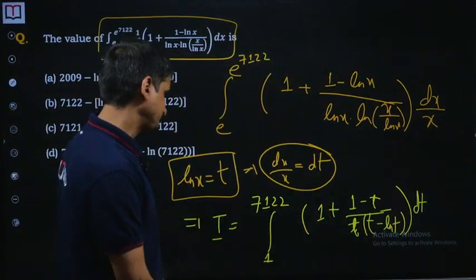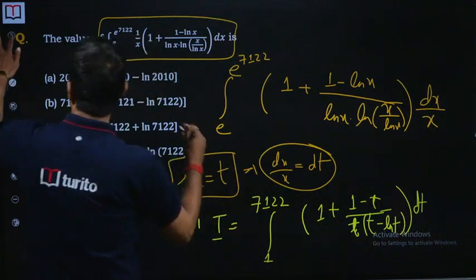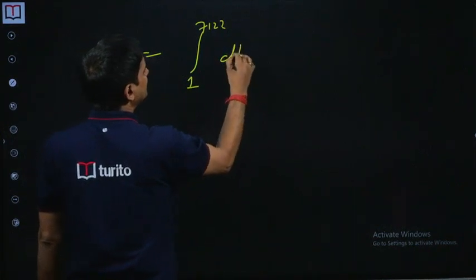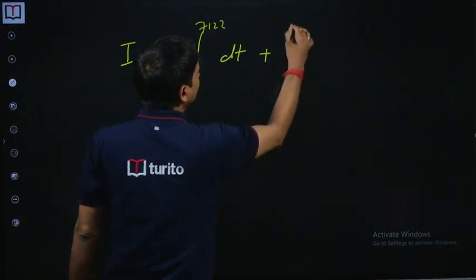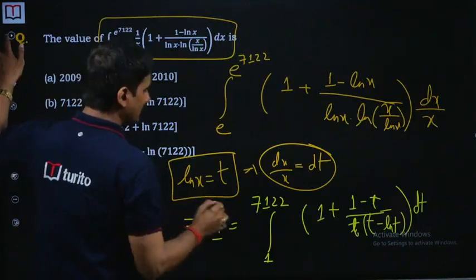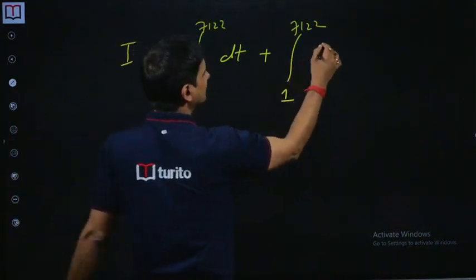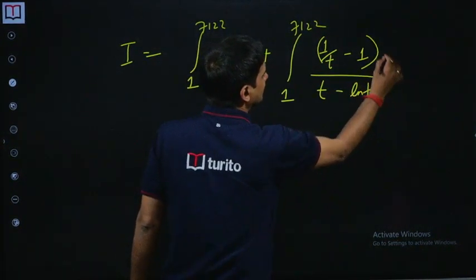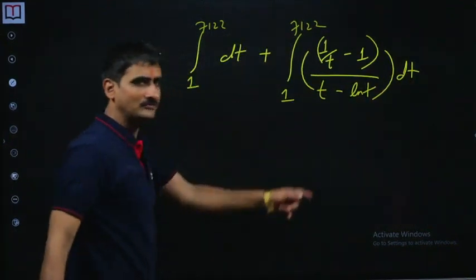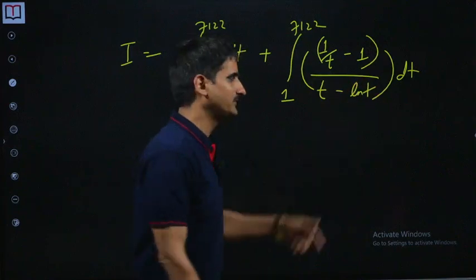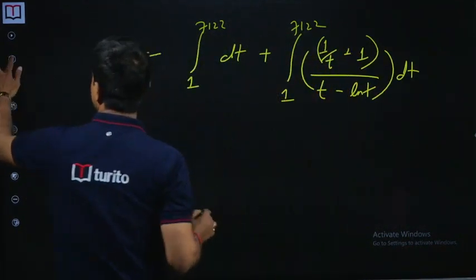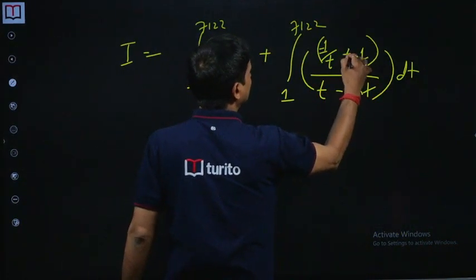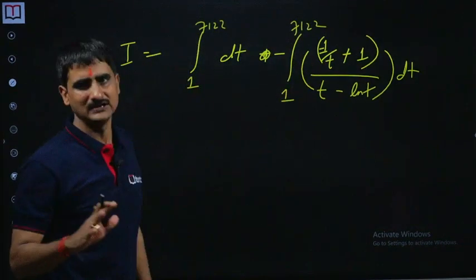So I think we are done. We can write it as the integral from 1 to 7122 of dt plus the integral from 1 to 7122 of (1 by t minus 1) upon (t minus ln t) dt. Now the derivative of the denominator is sitting in the numerator with opposite sign, so I can definitely change the sign. Was it positive or negative? It's positive, so we can change the sign here. So positive and then negative, then we can easily solve it.